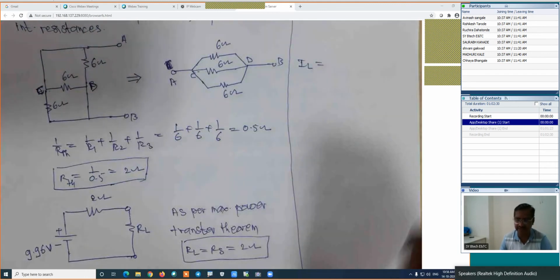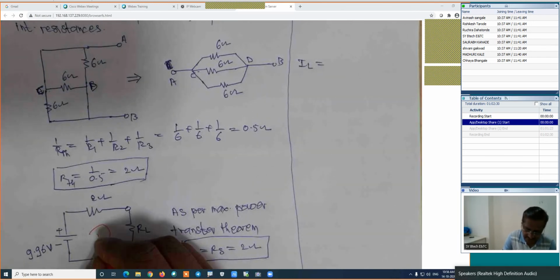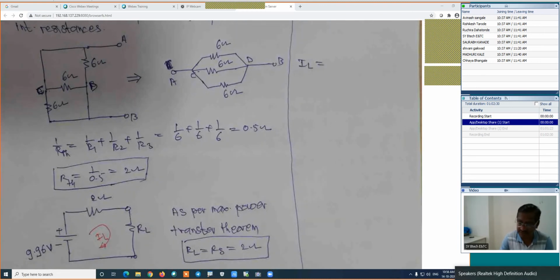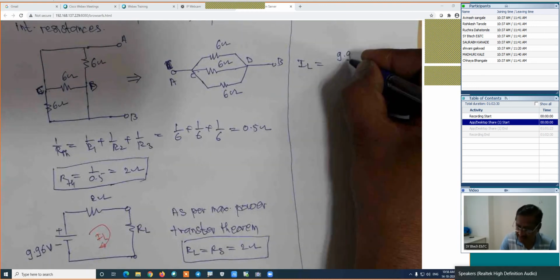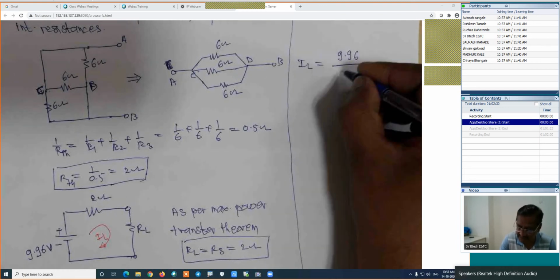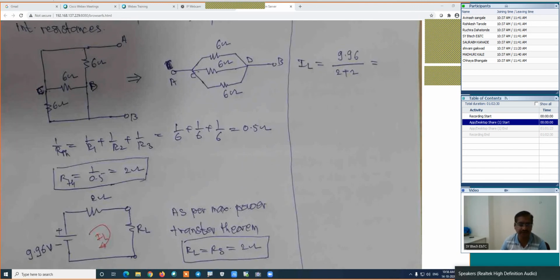What is the formula for calculation of the current using the Thevenin's theorem? IL is equal to VTH, which is 9.96, divided by RTH plus RL, that is 2 plus 2. Find out this value of the current, which is nothing but the load current in this case.